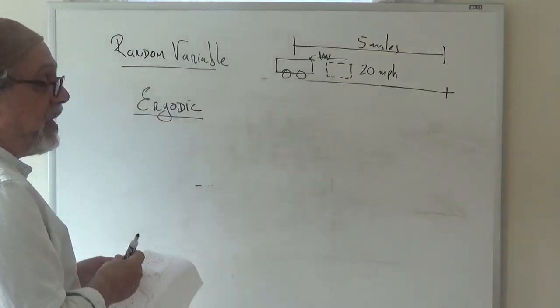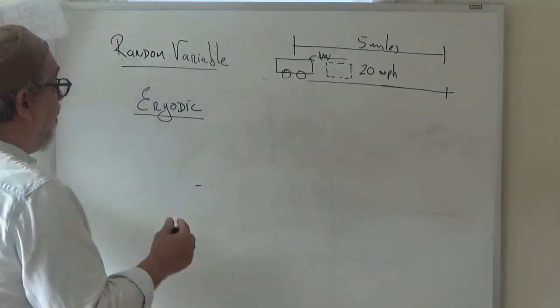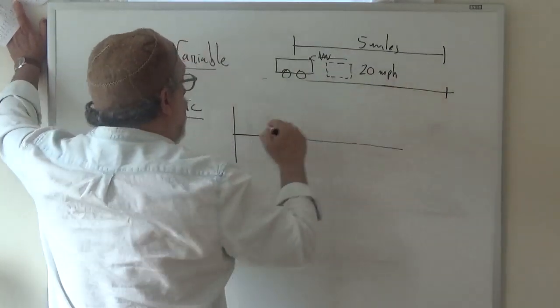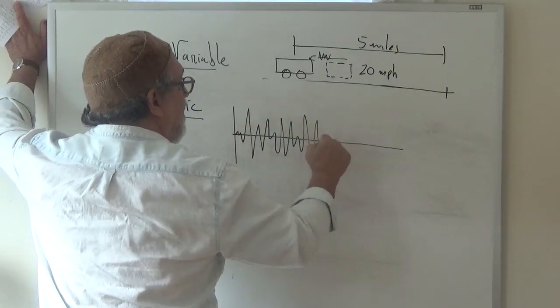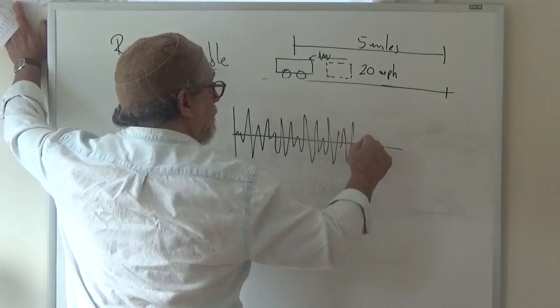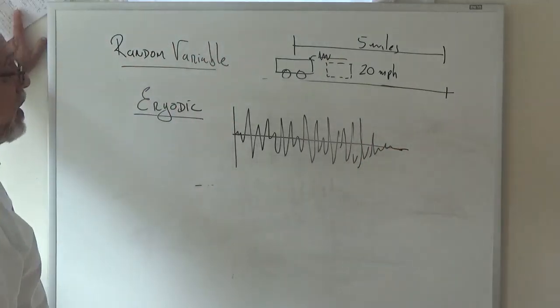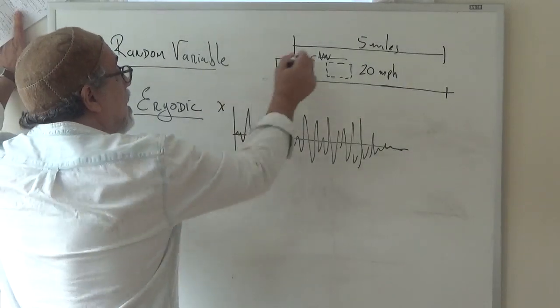Ergodicity is a property that means the following. Let's say again that you rode the car one time and found this, right? So you rode the car one time for the 5 miles and you measured this at your sensor.